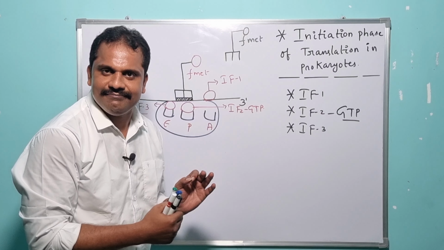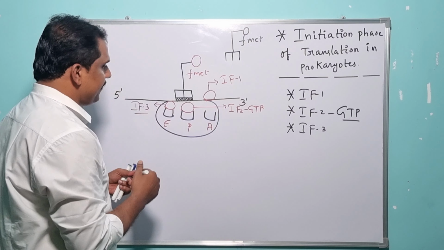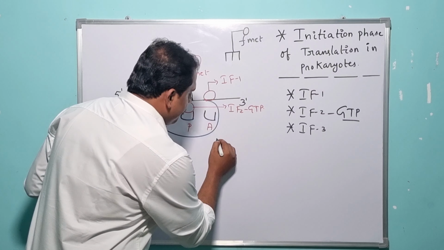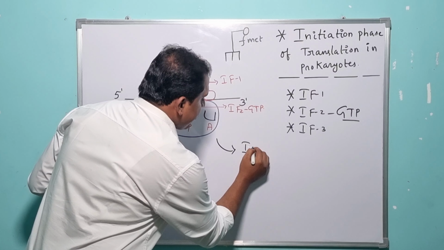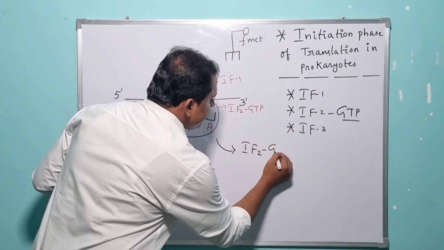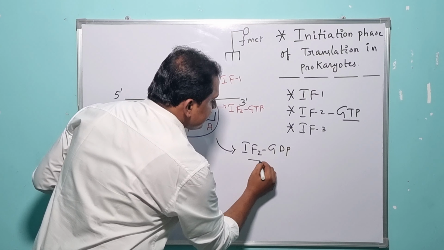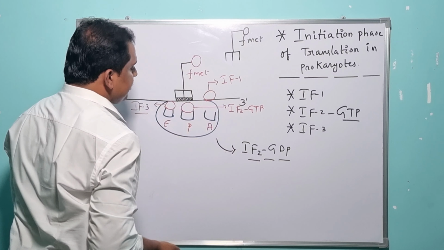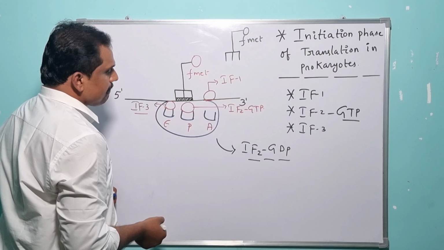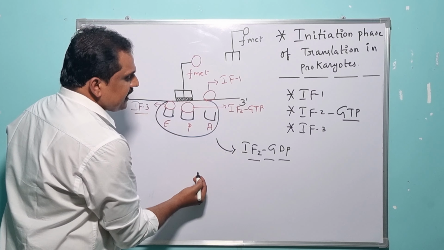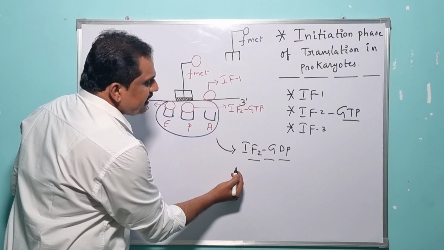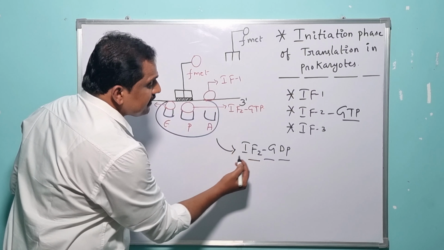Let me write it here: initiation factor 2, in association with GDP, has been dissociated from the P site of the ribosome.